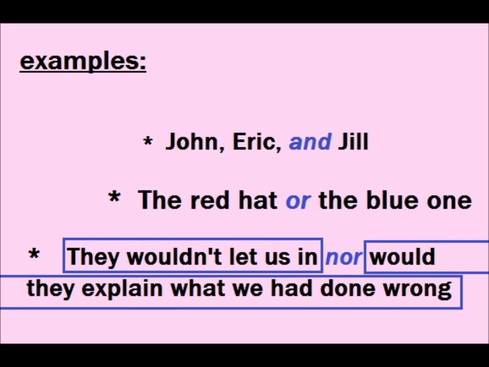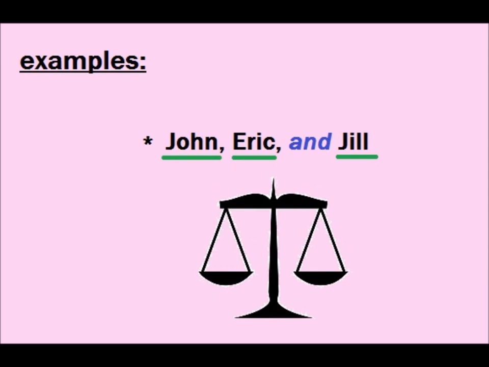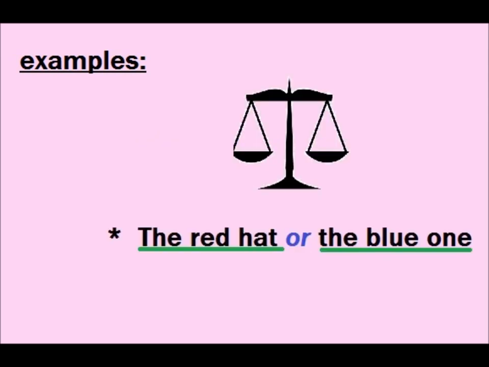But there is another important thing in relation to the coordinating conjunction. Let's see. In the first example, John, Eric, and Jill, the three words have the same grammatical status, are at the same grammatical level. Remember, I said at the beginning that coordinating conjunctions link two or more items of equal grammatical status.